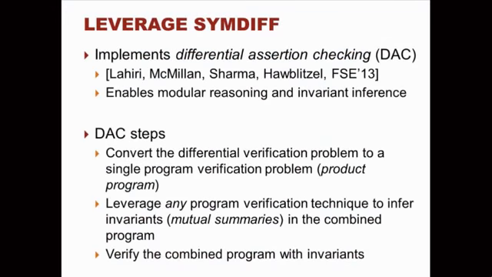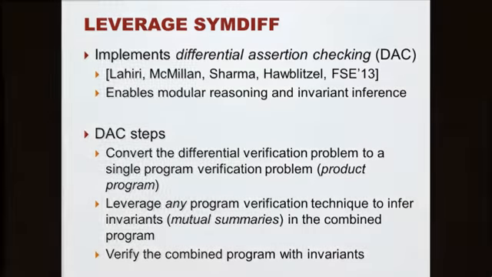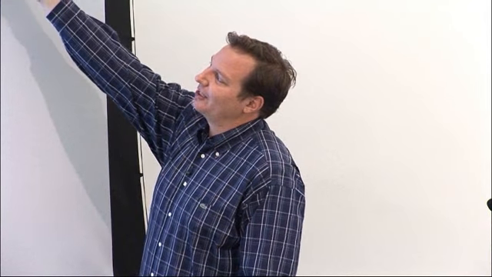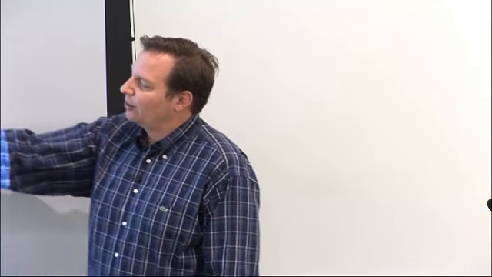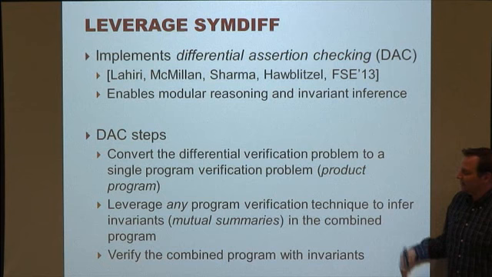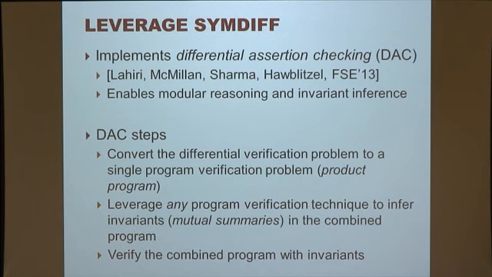Okay, so these mutual summaries are used in the algorithm called differential assertion checking, or DAC, which enables modular reasoning and invariant inference. And the steps of DAC are to convert this differential verification problem into a single program verification problem. So you have these two program versions, and you smash them together into a single program. And you have to do it in a very strictly prescribed way.